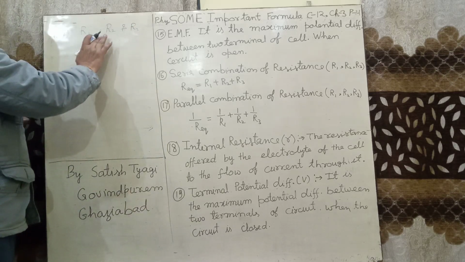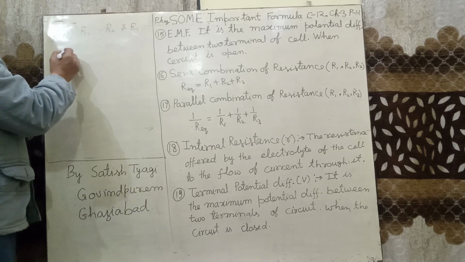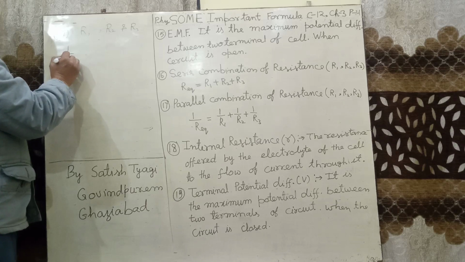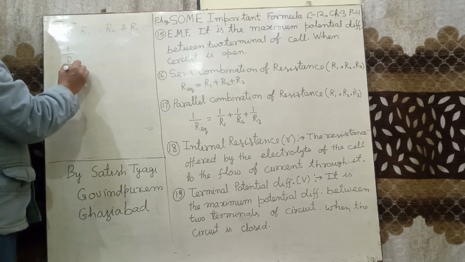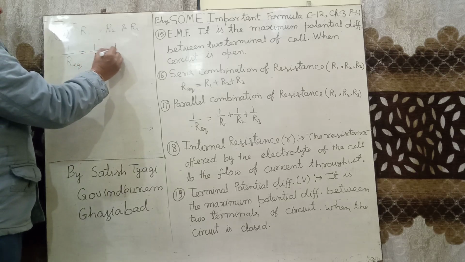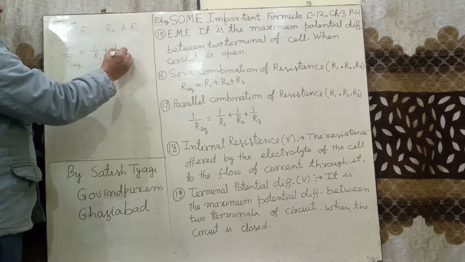Then the equivalent resistance R_eq is given by 1 upon R_eq equals 1 upon R1 plus 1 upon R2 plus 1 upon R3.